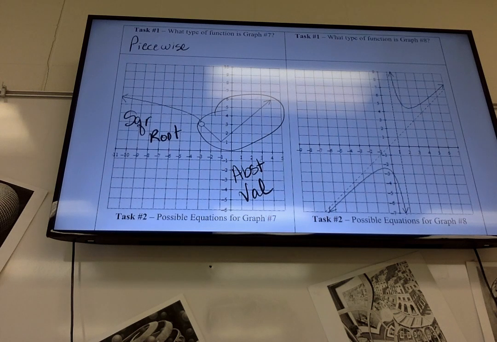Okay, what about this next one? Has an asymptote. We've already mentioned it. Rational. Good. It's going to have a slant asymptote, which means that it's top heavy.